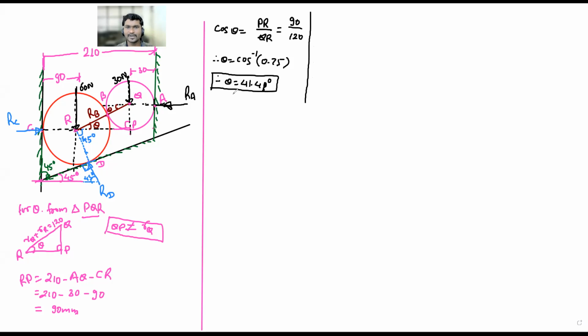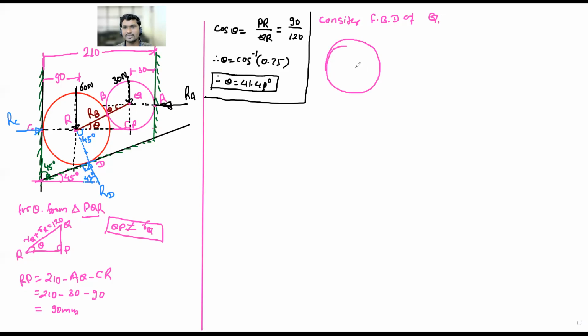Upper sphere. So write down below that, consider FBD, free body diagram, of a sphere Q. It should look like a sphere.